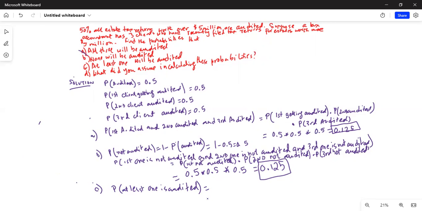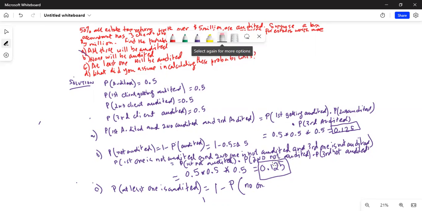The rule of complement event is 1 minus the probability that none is audited. Write it that way. None is audited.